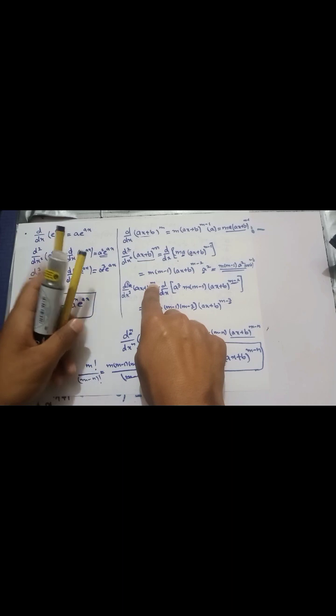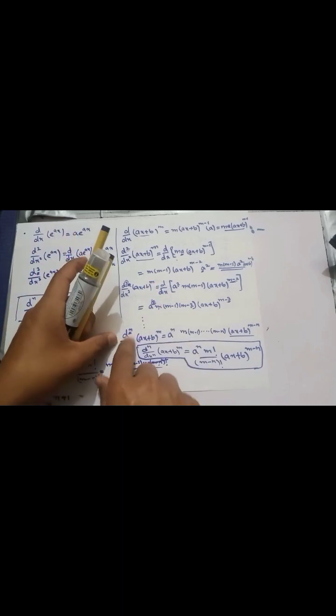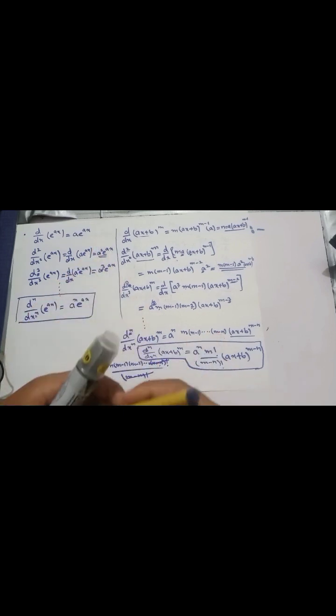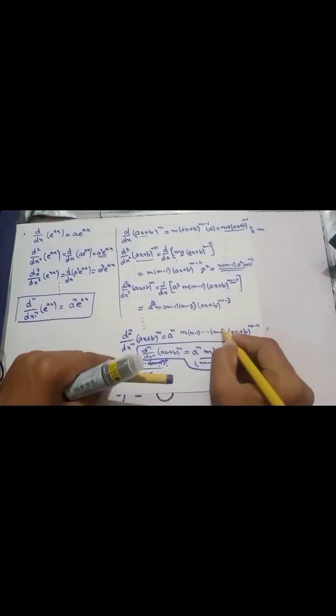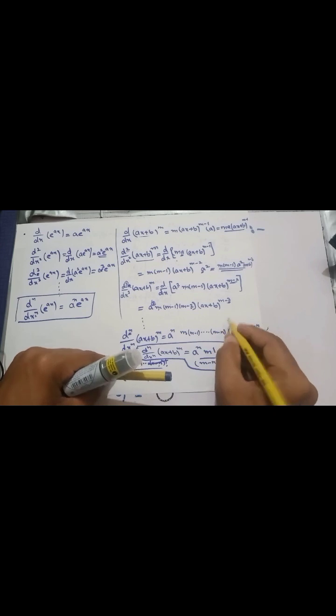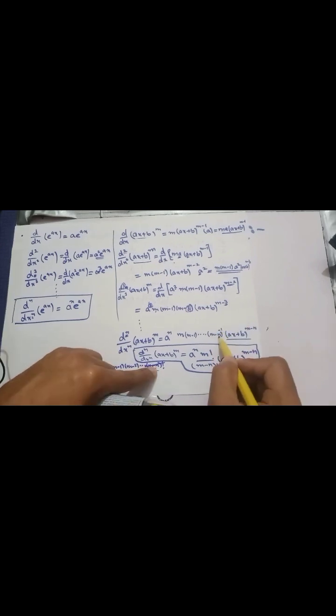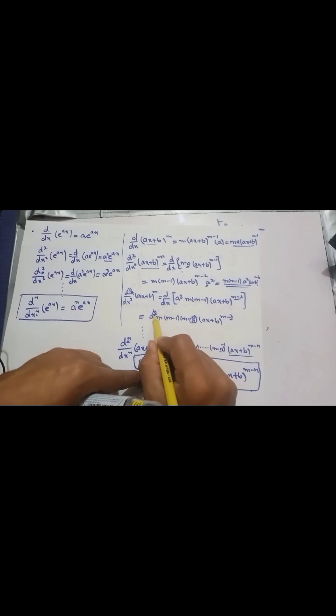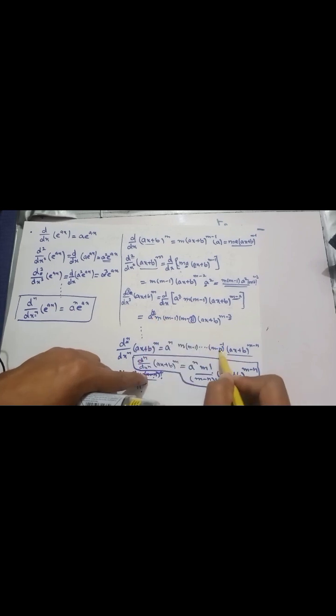So ultimately we get the nth derivative of (ax plus b) whole power m. Replace 3 with n, and m into m minus 1 as it is. Here some correction is needed: we need n minus 1, one less than n, because 2 is less than 3, so n minus 1 is less than n.